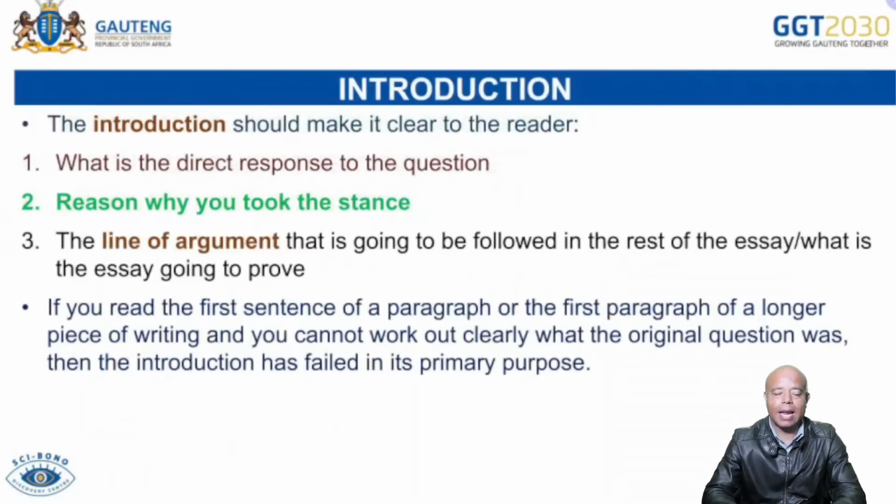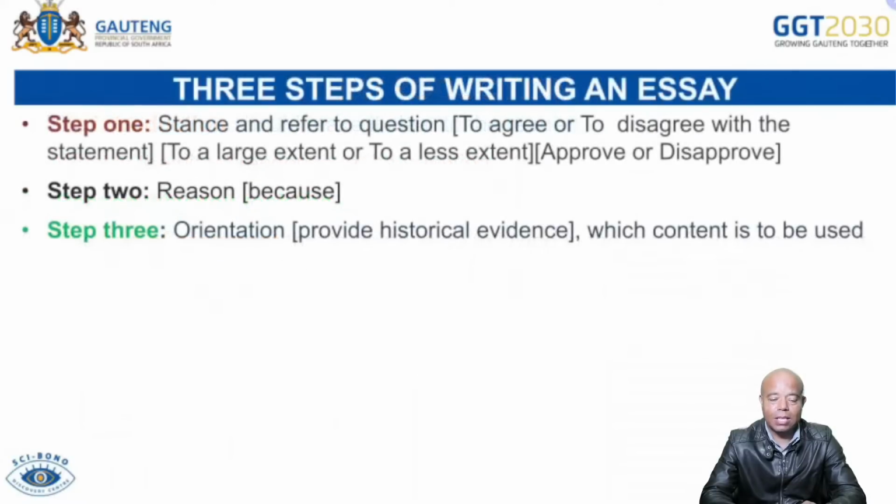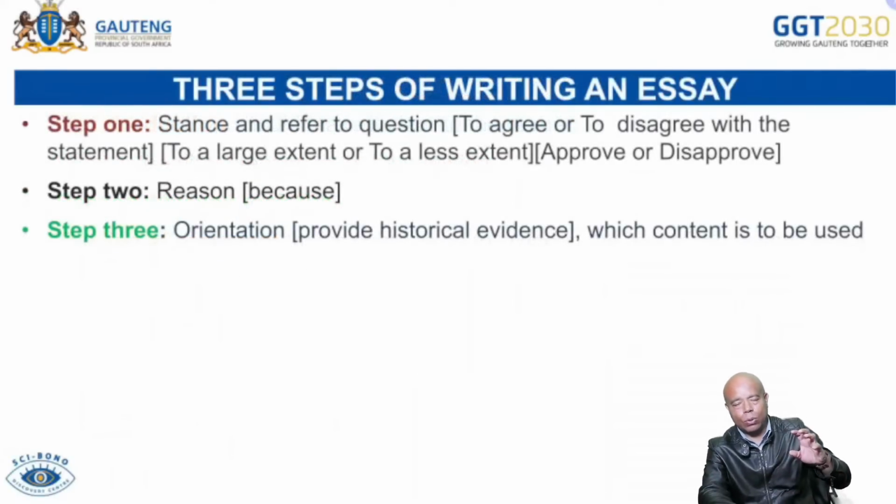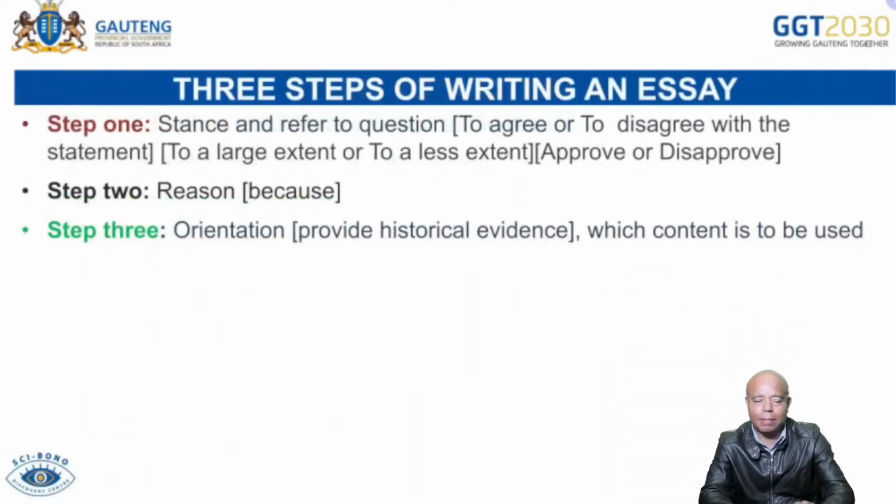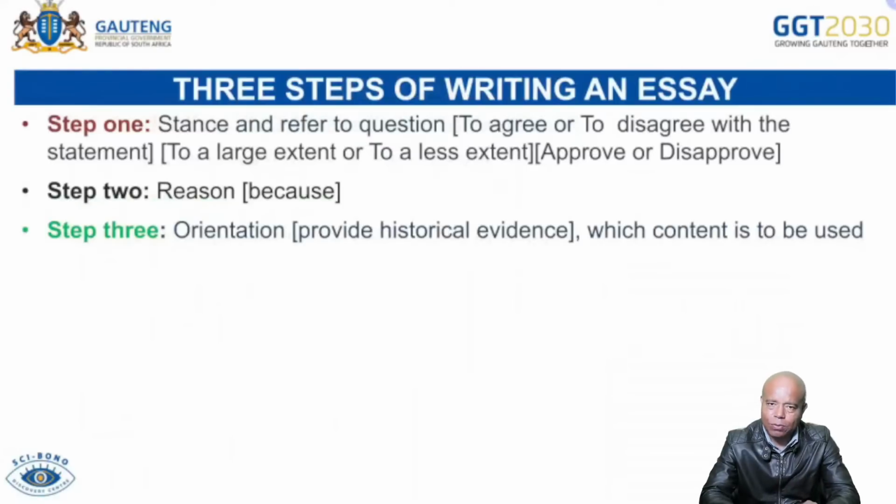Then number three is the line of argument. You must indicate the line of argument that you are going to follow in the rest of this particular essay. So it's important, learners, that when you start your introduction, there must be three steps. The first one is the stance.